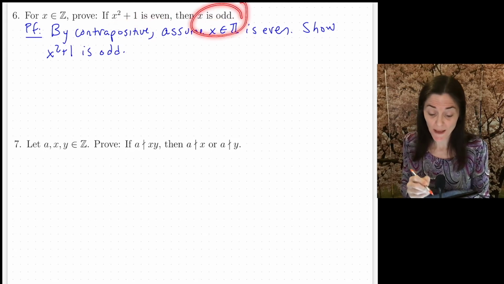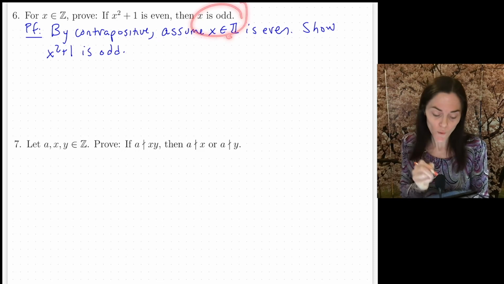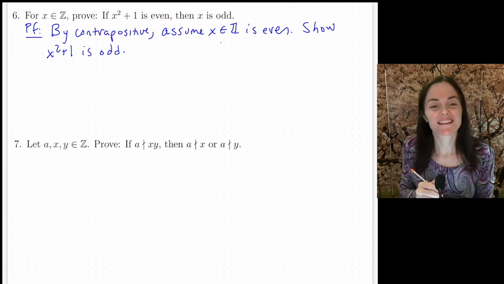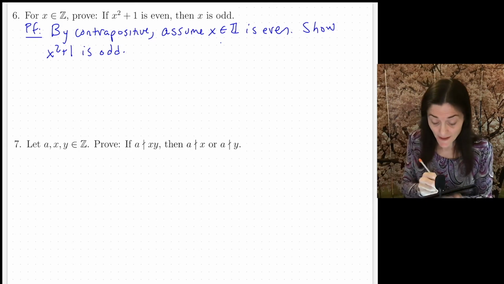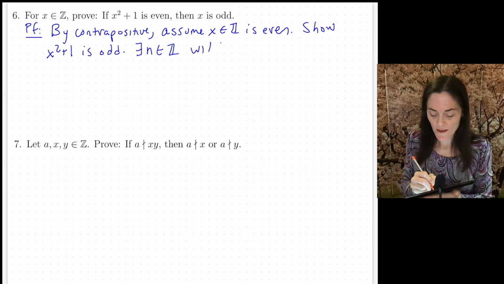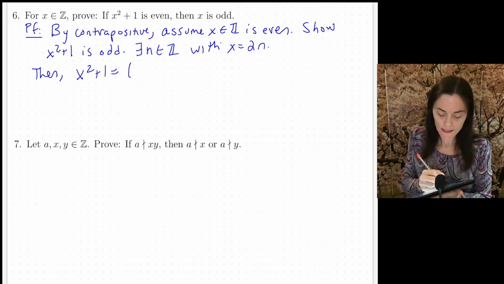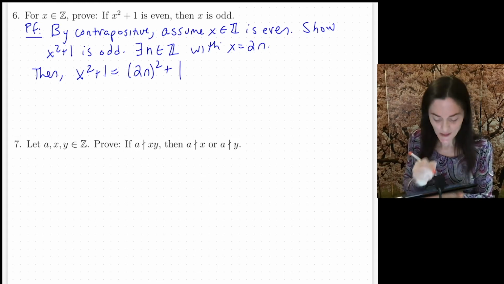So we assume here that x is even. We will show here x squared plus 1 is odd. Definition of even, there exists an integer n with x equals 2n, and then, well, x squared plus 1, this is quantity 2n squared plus 1.